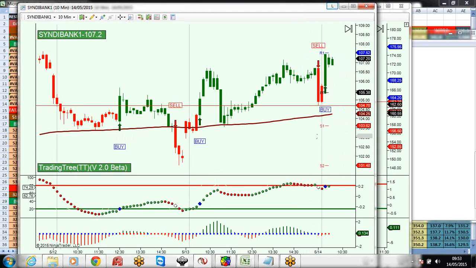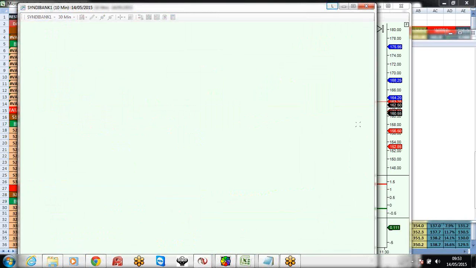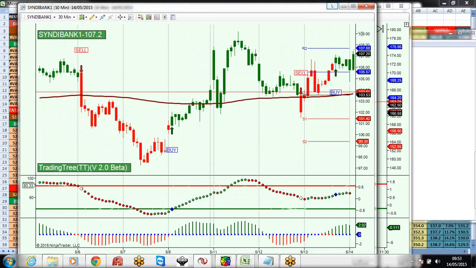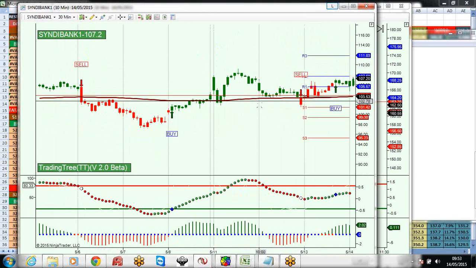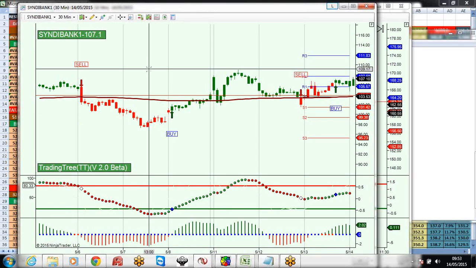Syndicate Bank, you can buy above 107.60. Your first target will be 109.